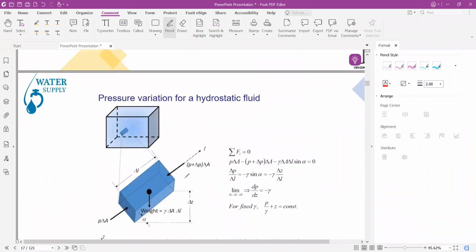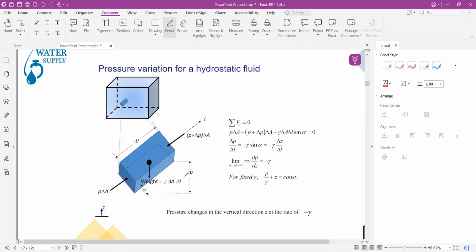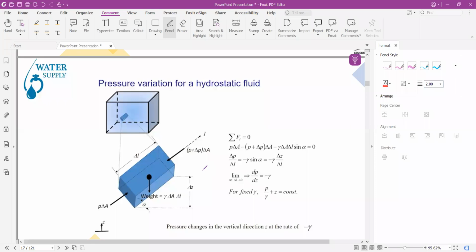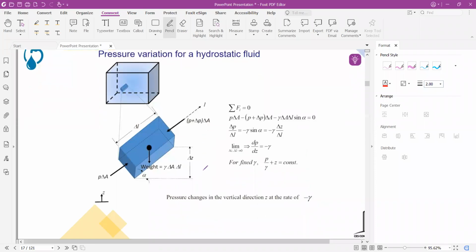So to derive a hydraulic grade line equation, or the hydraulic head equation for any point, consider a cube and take a small element of that fluid having a force or pressure acting at that point.